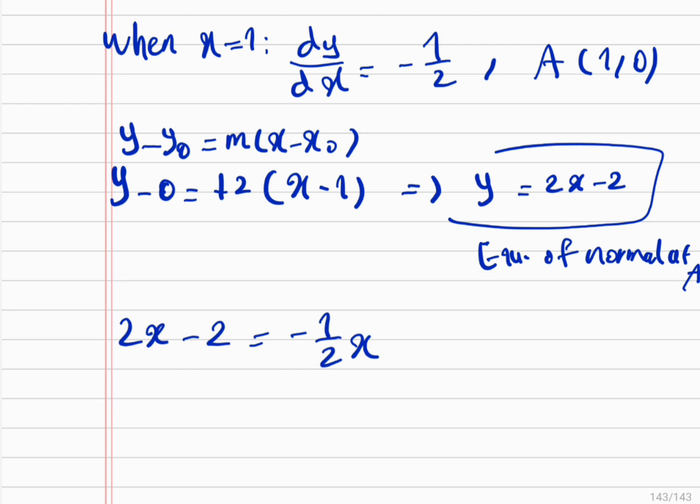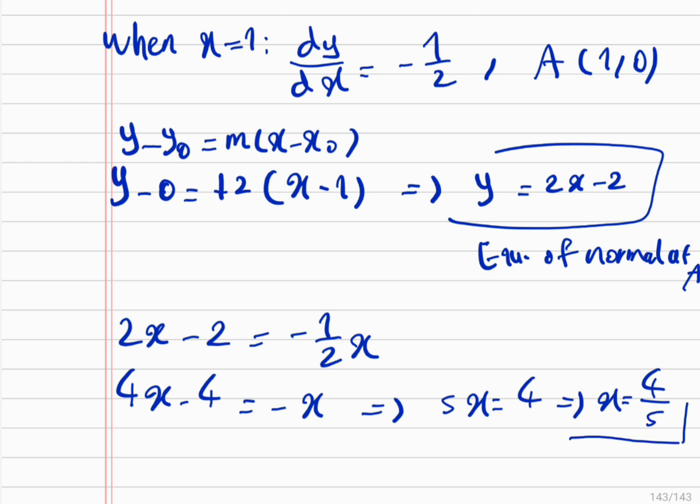Let's multiply everything by 2, so 4x minus 4 is equal to minus x. So we get 5x is equal to 4, and x is equal to 4 over 5. This is the x coordinate of N.